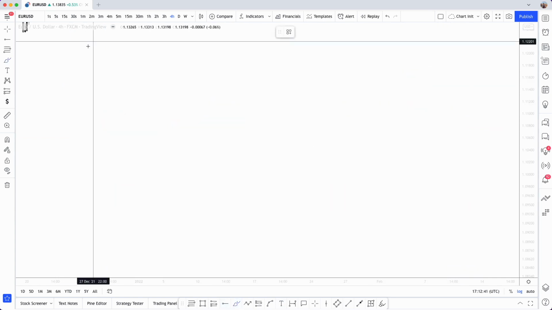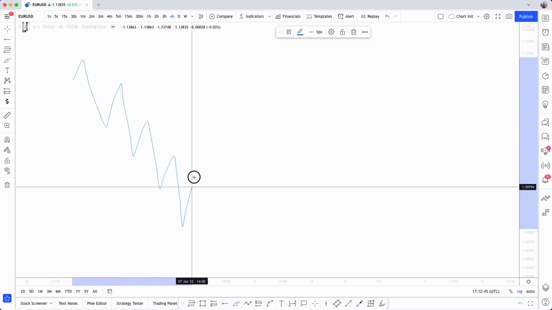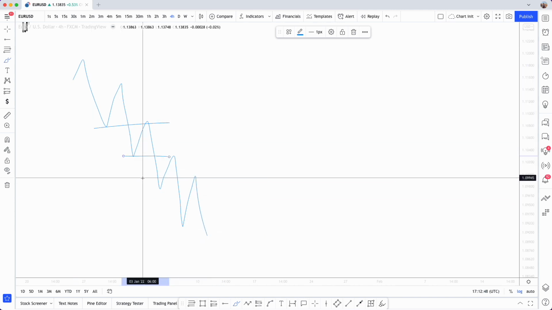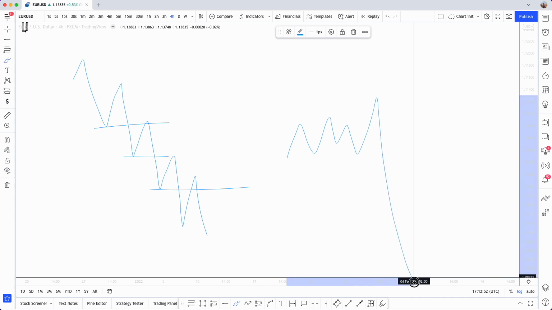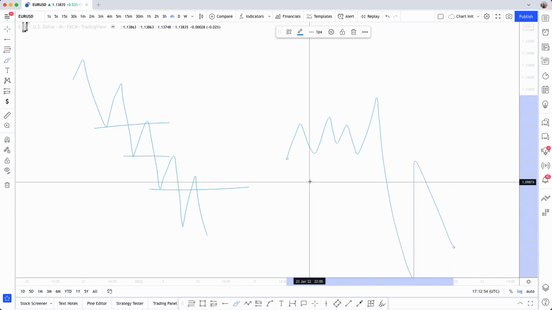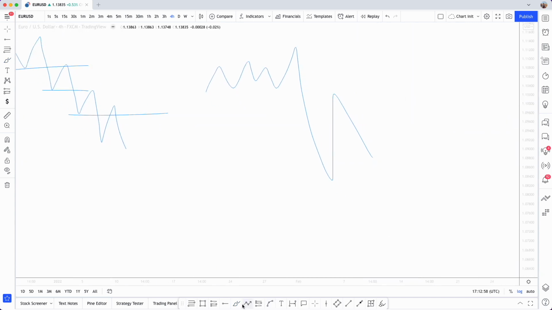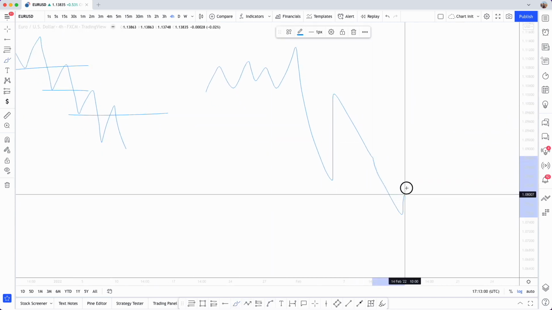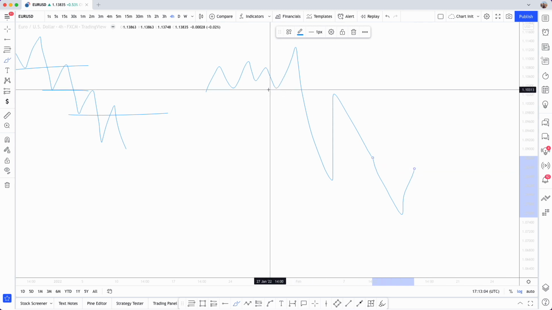So for example, this is a normal one where price is efficient, as we can see. However, say for example we have the sudden push and then price comes. Now in this case, let me draw this on. Price is inefficient here.